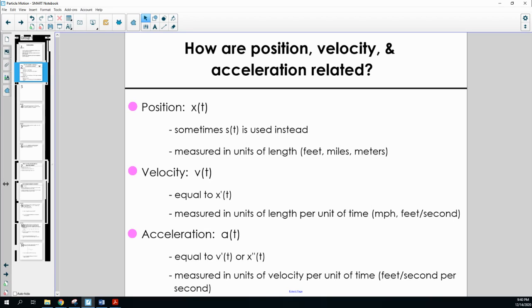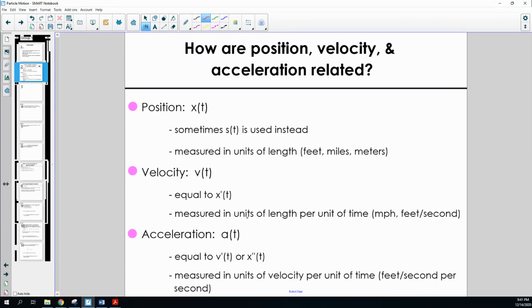So the first thing we want to look at is how position, velocity, and acceleration are related. The position function is x of t, and sometimes they use s of t instead of x of t, but they mean the same thing. Position is measured in units of length, so feet, miles, meters, depending on the situation. Velocity, which is v of t, is the derivative of the position, so it is equal to x prime of t.